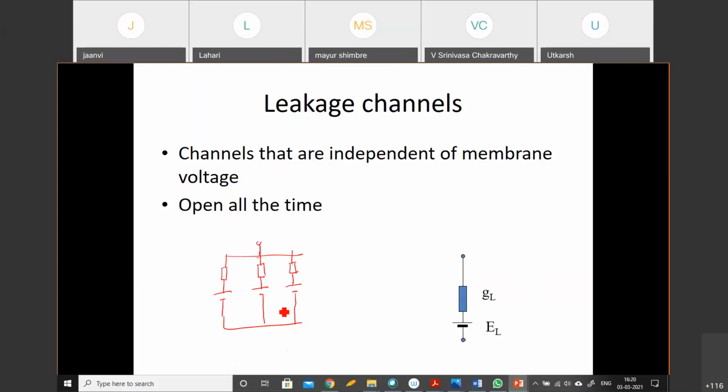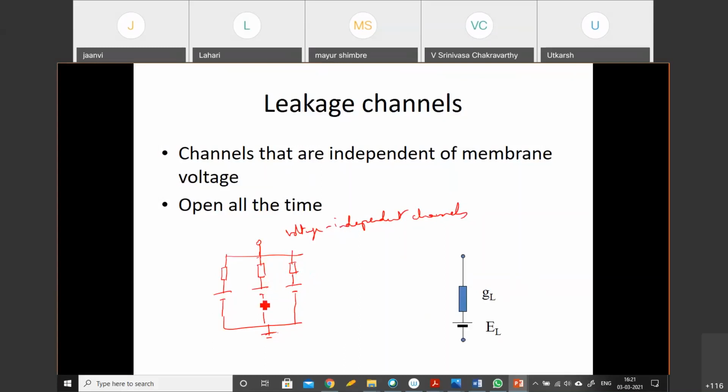These are all voltage independent channels. The conductance is not time varying, so they're all constant.